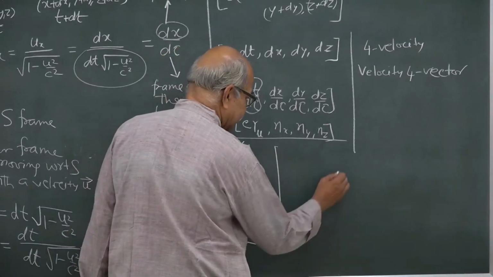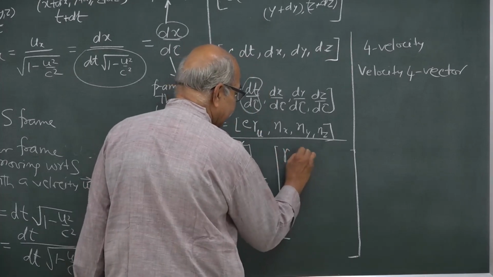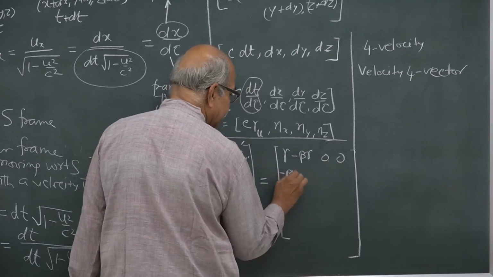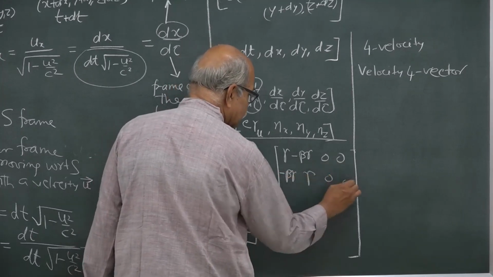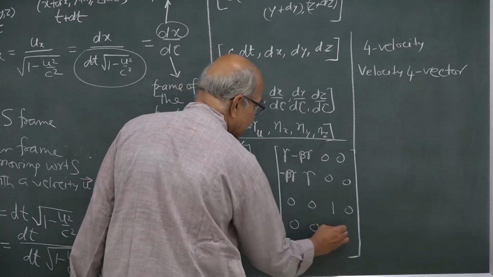This will be equal to the Lorentz transformation matrix. Remember, gamma, minus beta gamma, 0, 0; minus beta gamma, gamma, 0, 0; 0, 0, 1, 0; 0, 0, 0, 1.